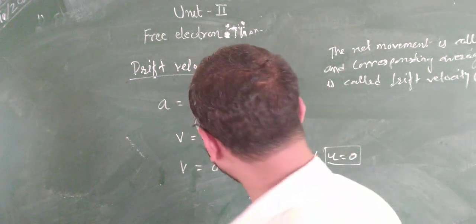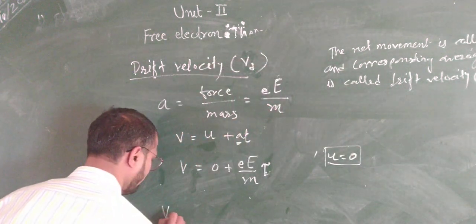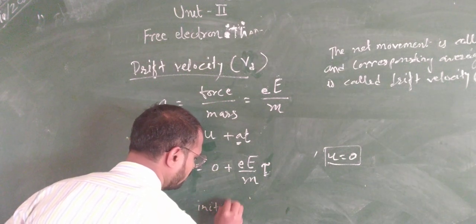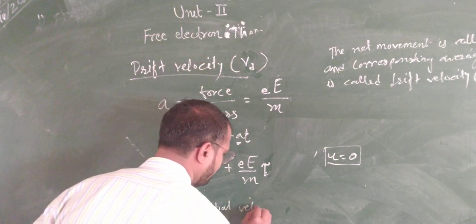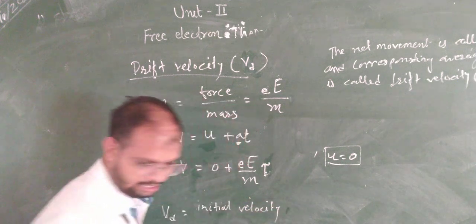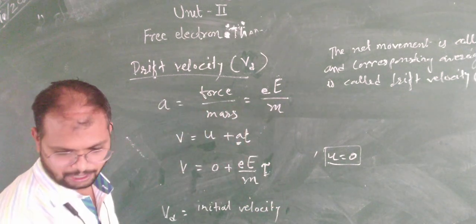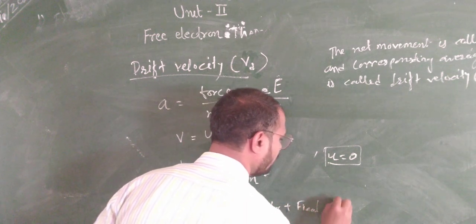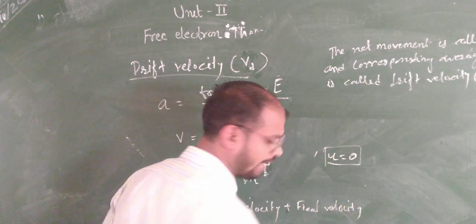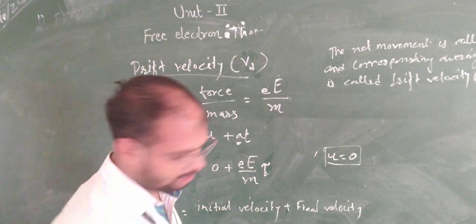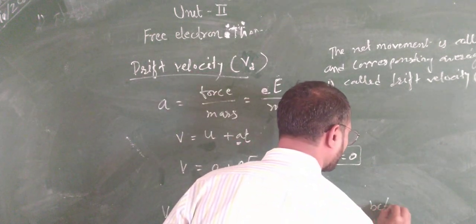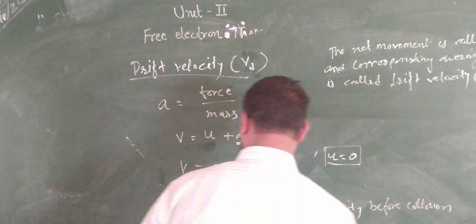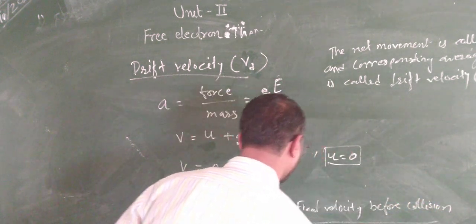So Vd is nothing but the initial velocity plus final velocity before collision, divided by 2.